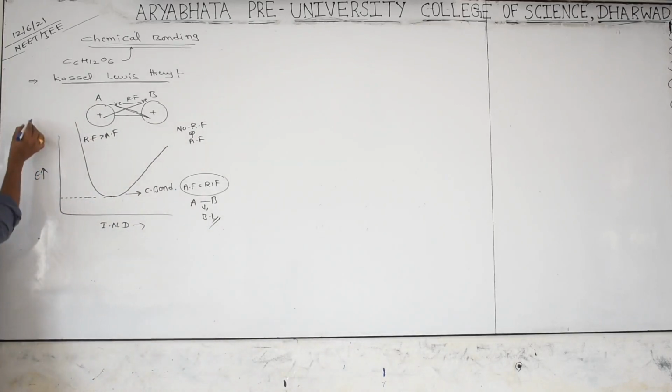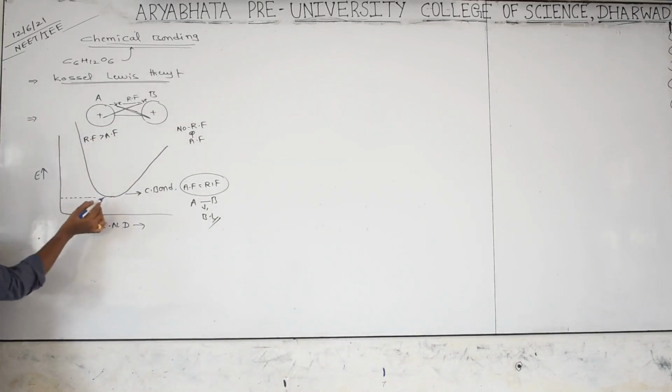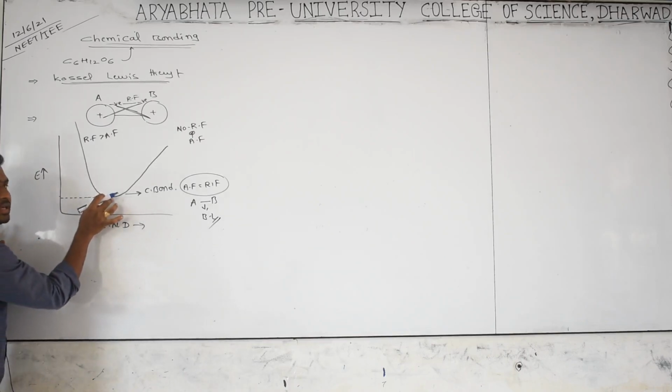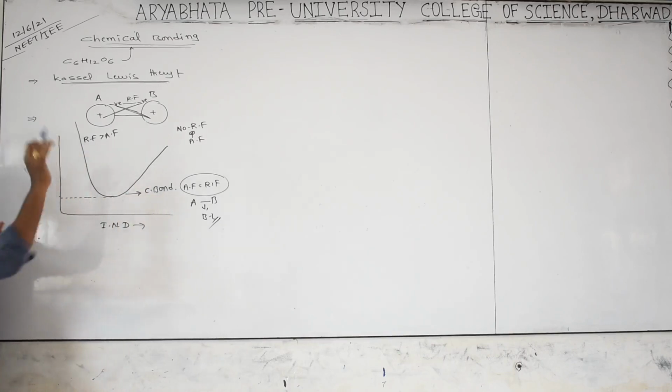Later we have to discuss one more thing, which is that at which point the system or the substance will have least energy, that will be stable, because at the least energy they are involved in chemical bonding.